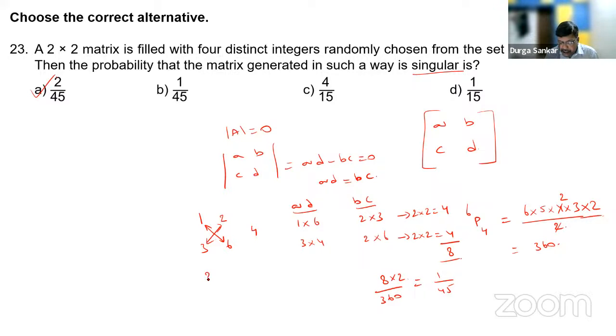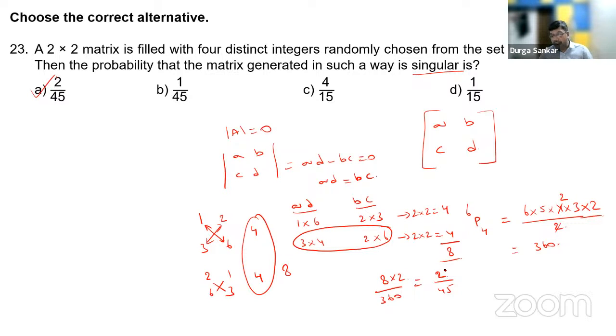In the same manner, I have 2 and 3, 1 and 6. So 2, 3 can be swapped, 1, 6 can be swapped. So another 4 matrices. So I have 4 plus 4, 8 cases here. Similarly, I'll have 8 more cases here. So hence 8 into 2 by 360. 2 by 45. Luckily, we ended up getting the same answer.